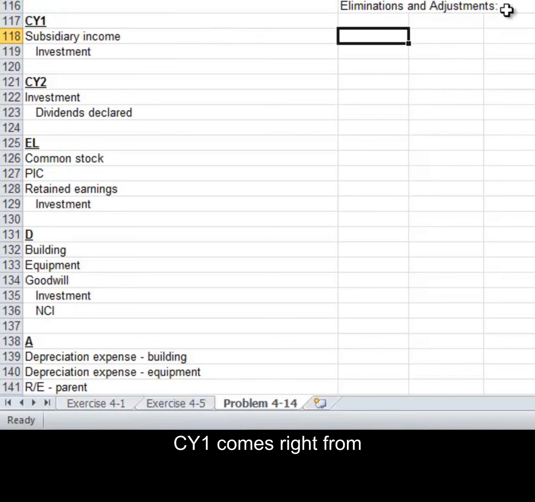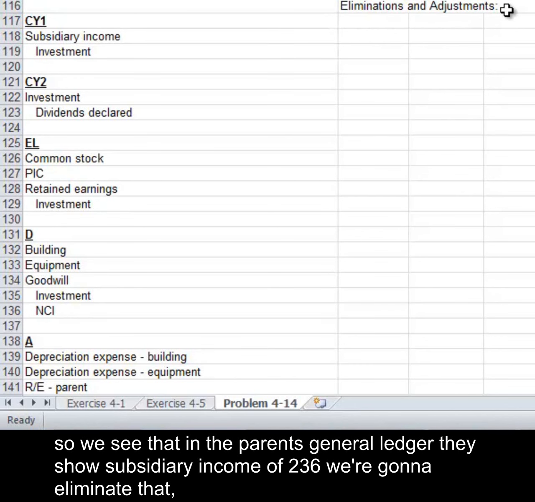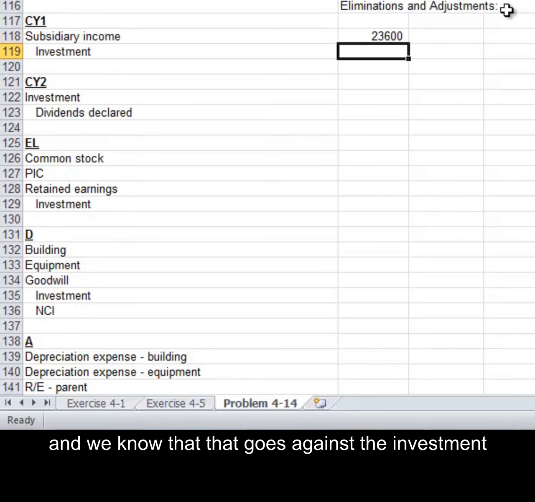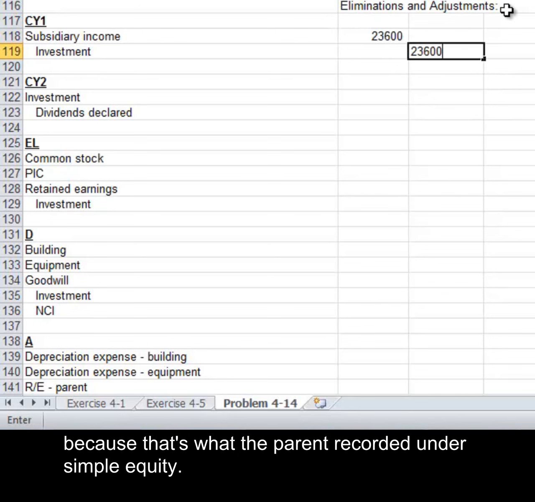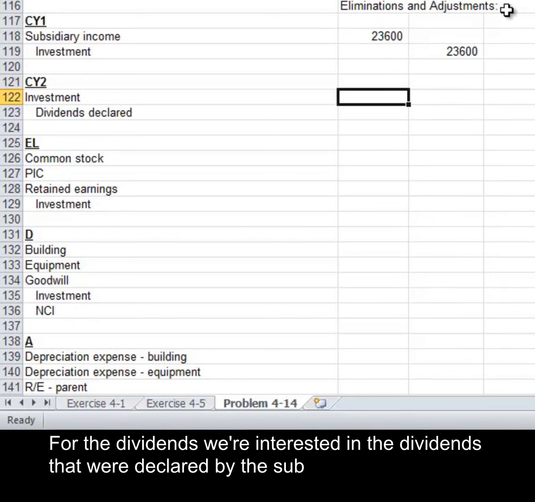CY1 comes right from the worksheet. So we see that in the parent's general ledger, they show subsidiary income of 23,600. We're going to eliminate that. And we know that that goes against the investment because that's what the parent recorded under simple equity. For the dividends, we're interested in the dividends that were declared by the sub.